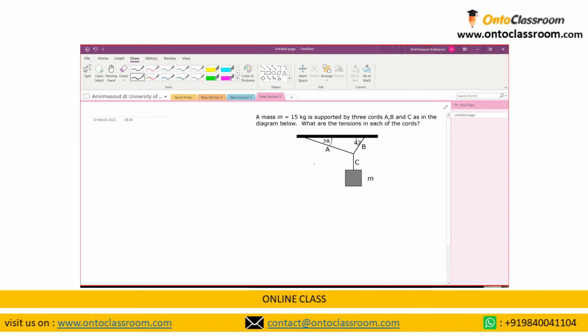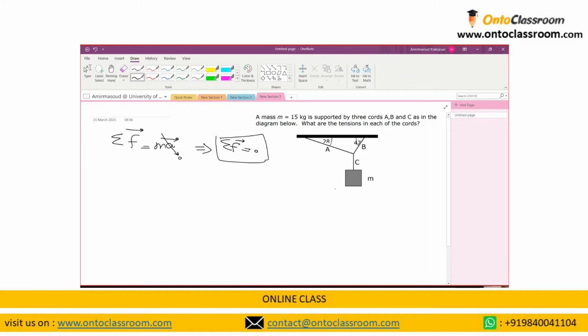At first, because this is a static problem and there is no acceleration and motion, the second law of Newton is generally in this form: mass multiplied by a. Because this is static, it is 0, and we can conclude that the summation of F is equal to 0.